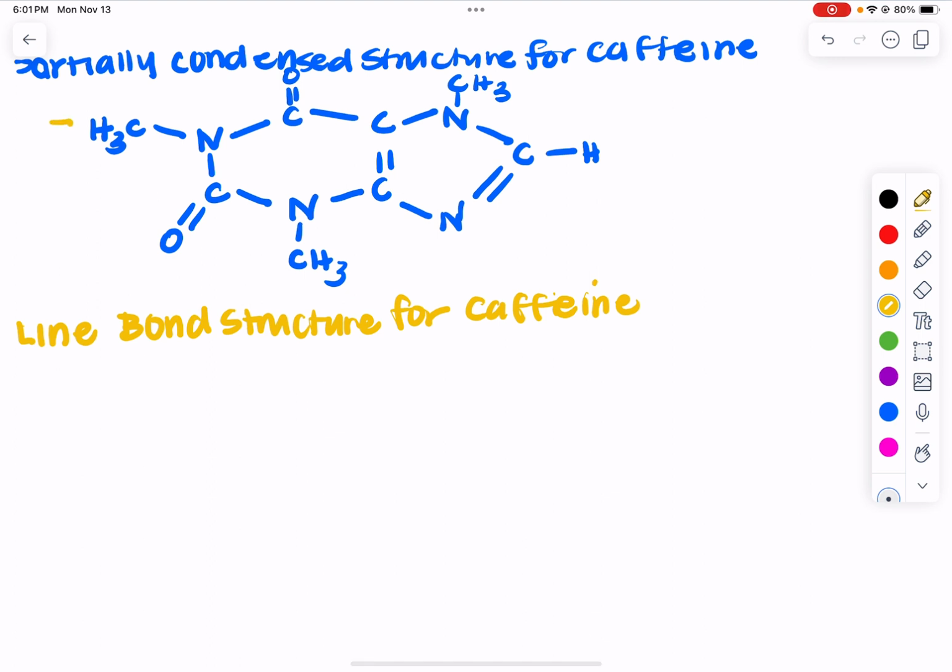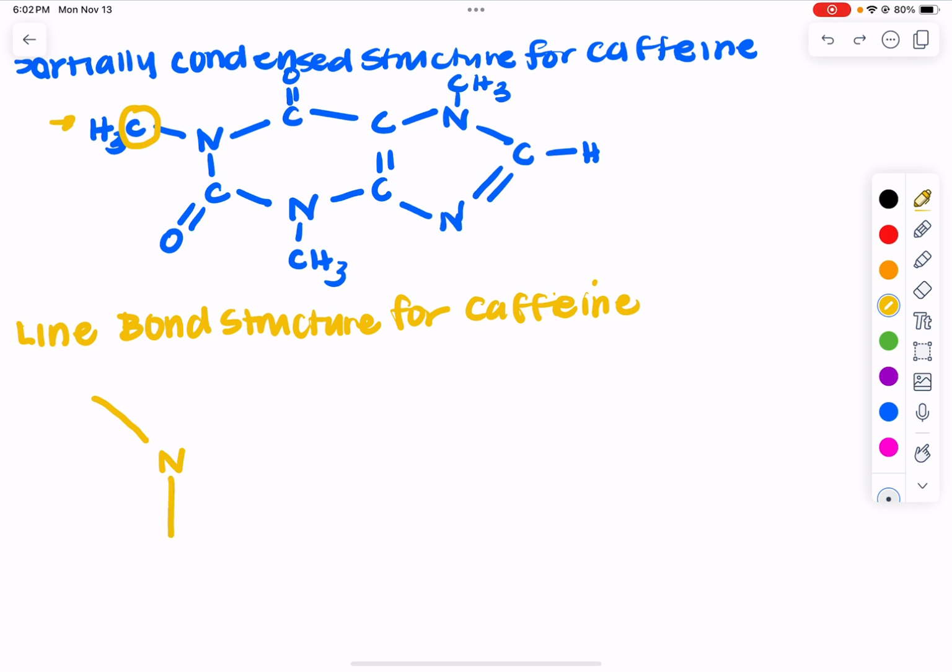So I'm going to start over here, and I'm going to draw one line to the nitrogen. Instead of having this carbon, this dot represents the carbon. We can assume that that carbon has 4 bonds, which means if there's only one bond going to nitrogen, the rest have to be hydrogens.